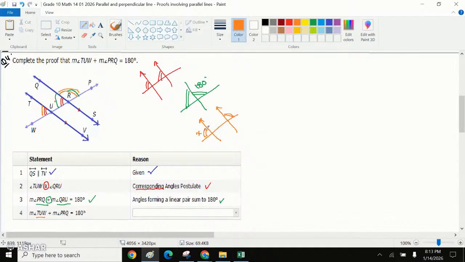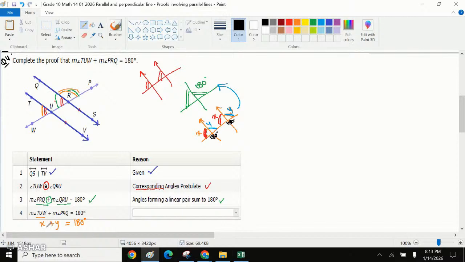Let's see. If this was X and this was Y, if we are writing X plus Y is equal to 180, let's confirm. If this angle was X, then this should be X. If this was Y, then this should be Y. And through this previous, we saw that the sum of these two angles would be 180 over here and 180 over here.